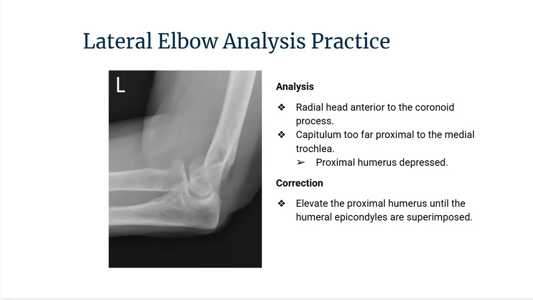In order to correct this, we need to get that entire humerus in the same plane. So we need to elevate that proximal humerus until the humeral epicondyles are superimposed.